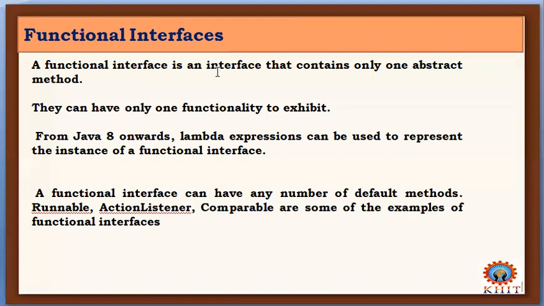Examples of the functional interface are Runnable, ActionListener, and Comparable, which are used while designing the application.